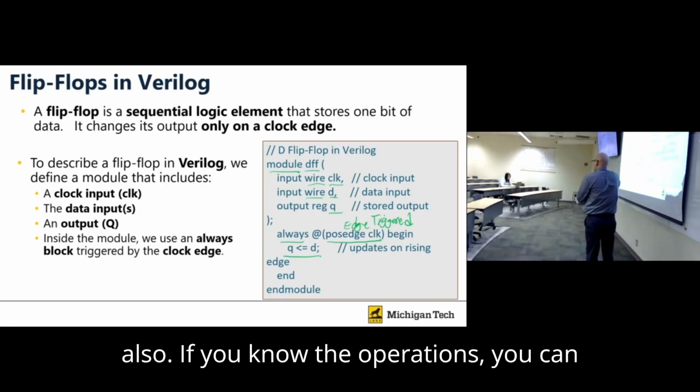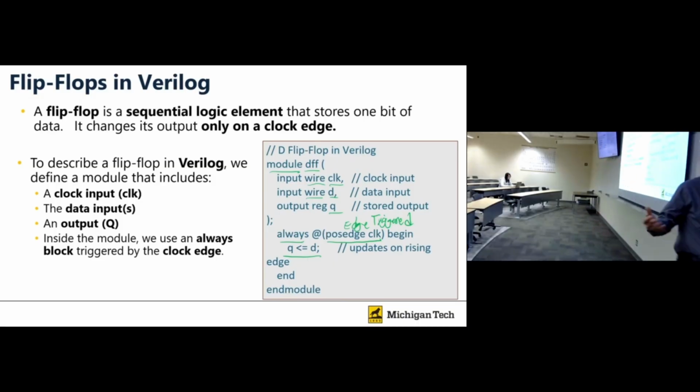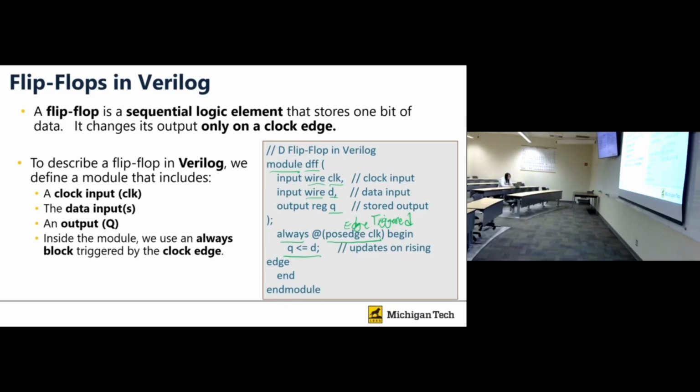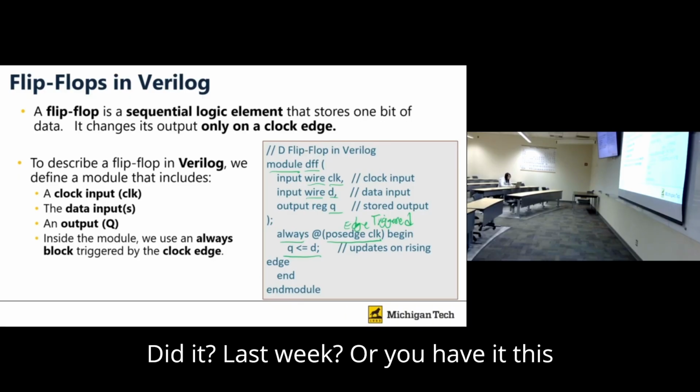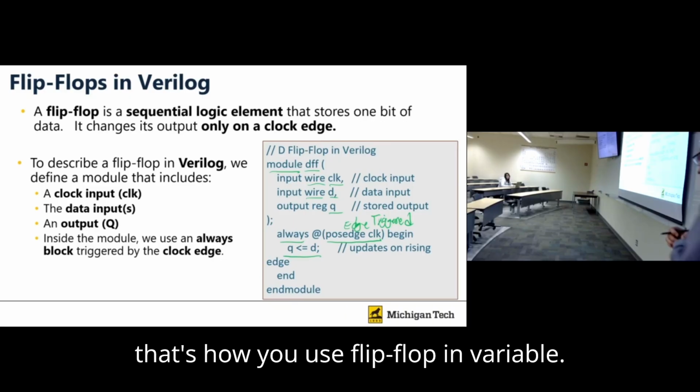Also, if you know the operations, you can make it like that. It's not complicated. You might use that in the lab, or you already did it last week, or maybe this week. Okay, that's how you use a flip-flop in Verilog.